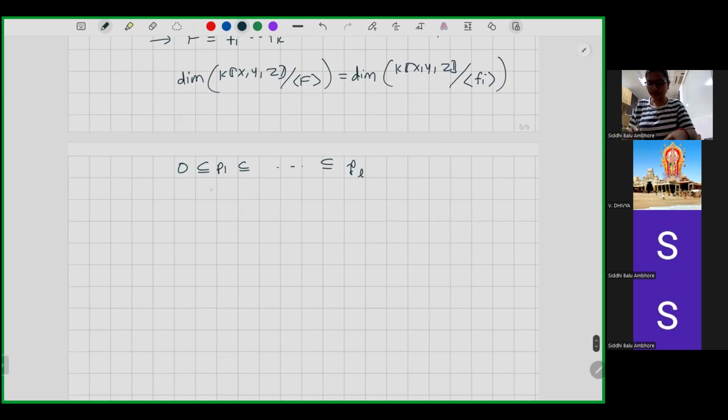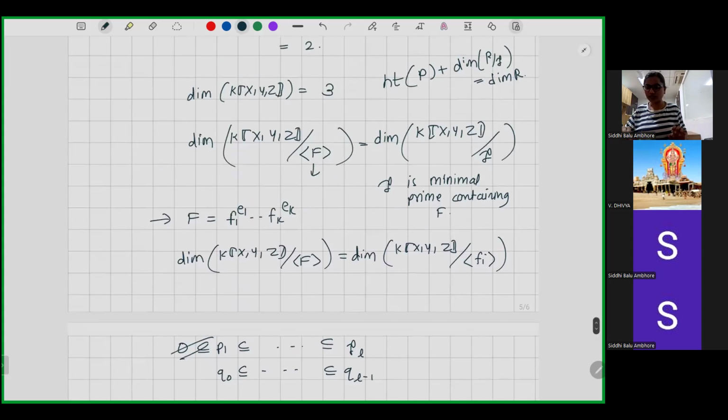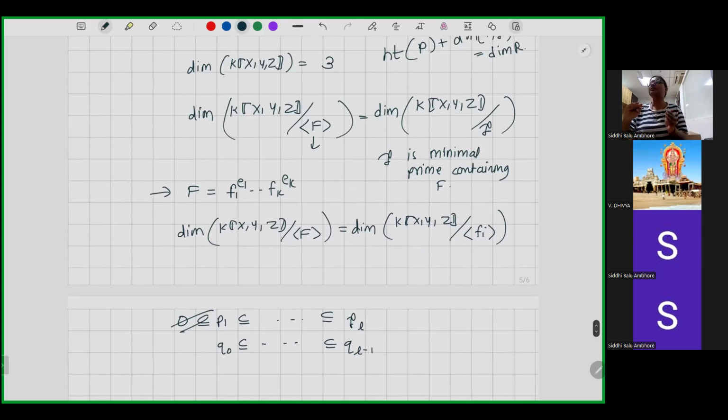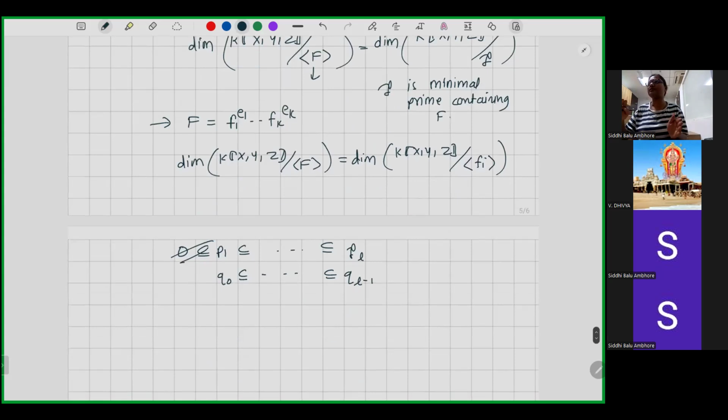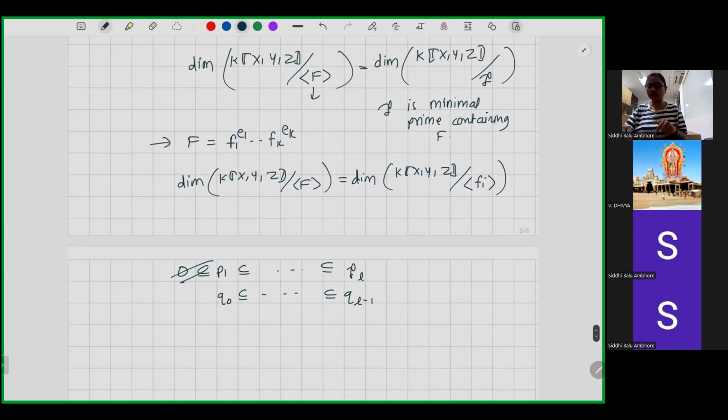Now my chain is reduced, so 0 is not there, and my chain starts from here. So it is now Q0 contained in QL minus 1. The chains are now shifting. So the supremum which we were taking is reduced by 1 now, because we are quotienting by this f, which is again a non-zero element in my ring. In my integral domain, in fact.